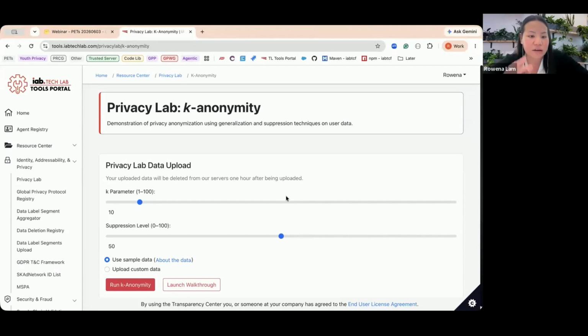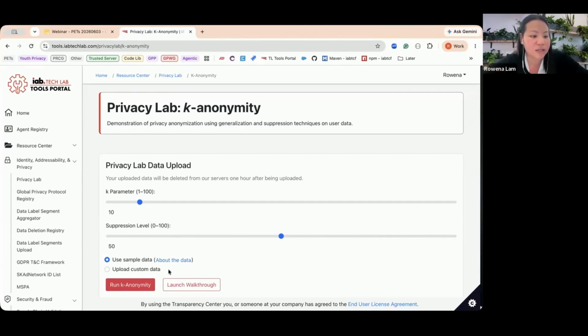And right now, what I have here in the Privacy Lab is we've got K set to 10 and suppression set to 50. Within the Privacy Lab, for each of these, we do have sample data, so just demo data. But you can also upload your own data as well if you'd like to see and experience what this will actually do to your own data set.